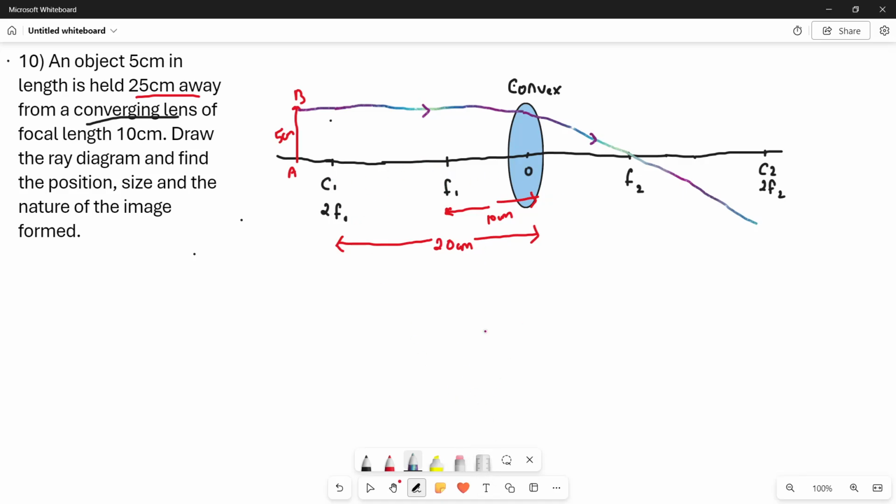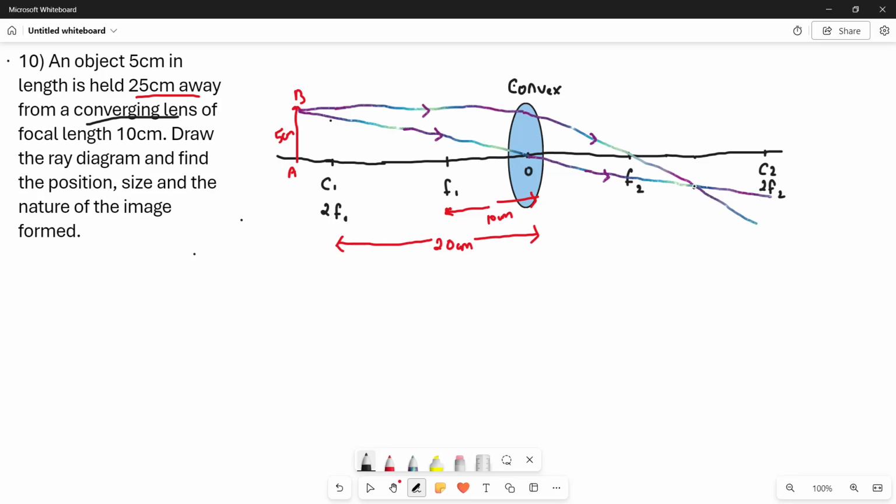Also, the ray passing through the optic center will follow the same path and get refracted. So it will be a straight line. So this is the incident light and this is the refracted light. Now, the intersection of these 2 points is where your image is going to get formed.